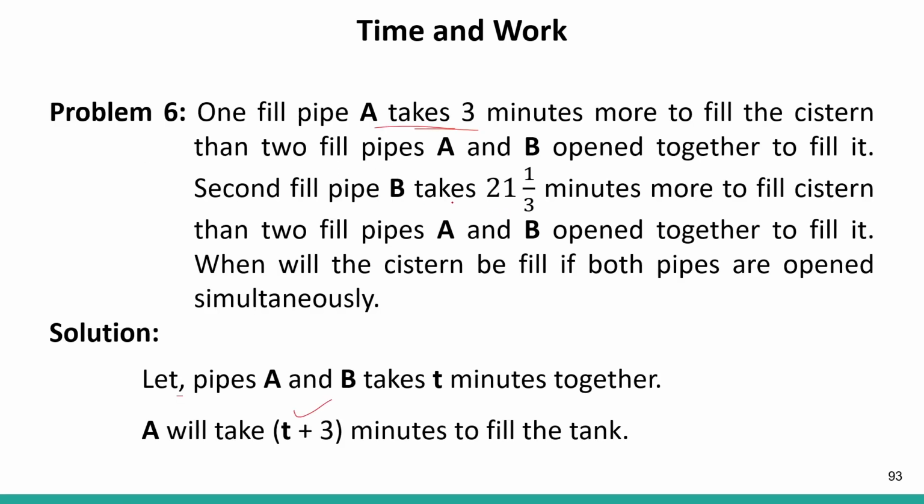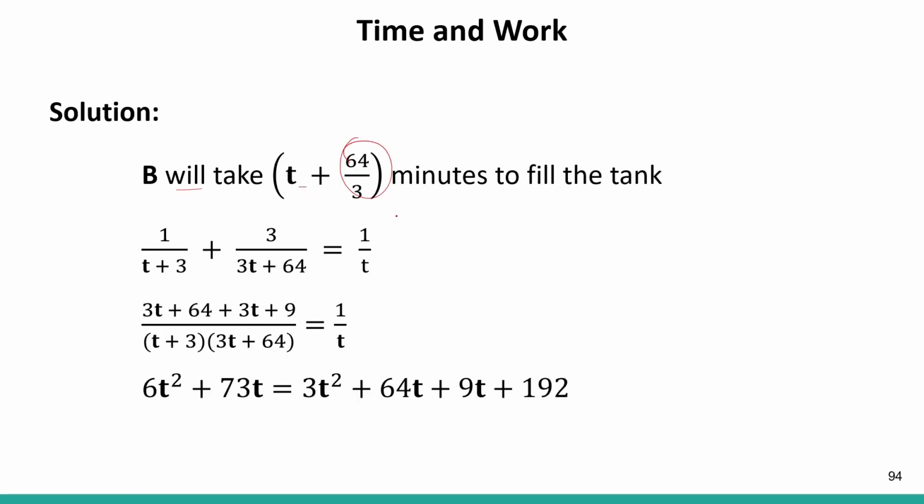You can see that B takes 21 whole and 1 by 3 minutes more. Converting this mixed number to a fraction, we get 3 into 21 plus 1 by 3, so it will be 63 plus 1, which is 64. So 64 by 3 minutes.